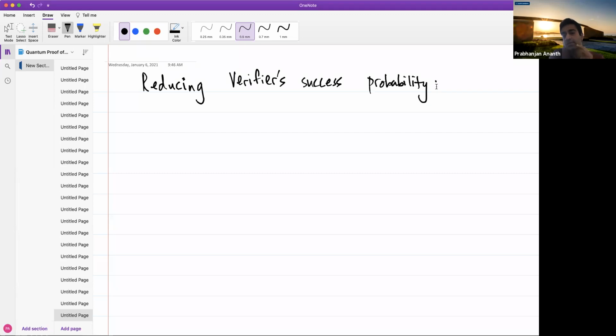I'm being a little imprecise here because the verifier's success probability, even after secret sharing, is still going to be negligibly close to half. But this will make more sense when we talk about multiple bits.